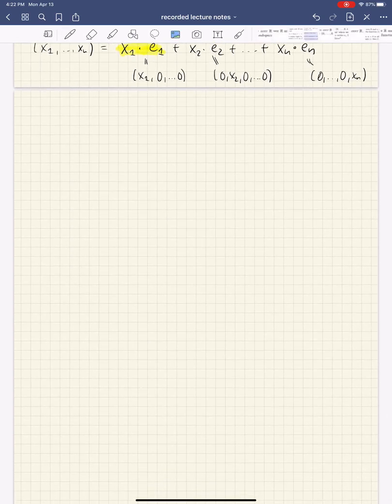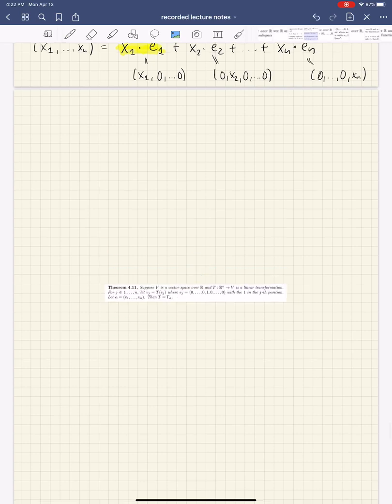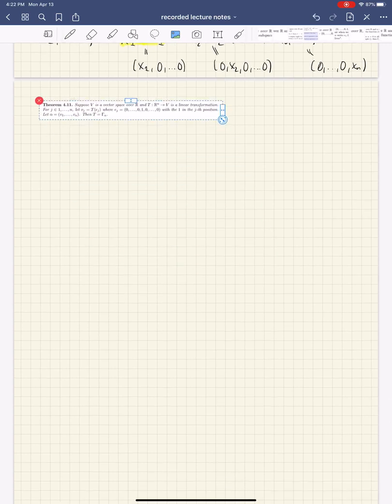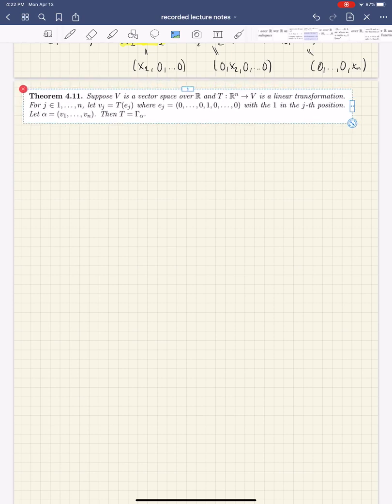So let us see what we want to do here. We want to prove this theorem, and as I said, this theorem now will tell us that, given an arbitrary linear transformation, this T is going to be equal to a certain gamma_alpha.